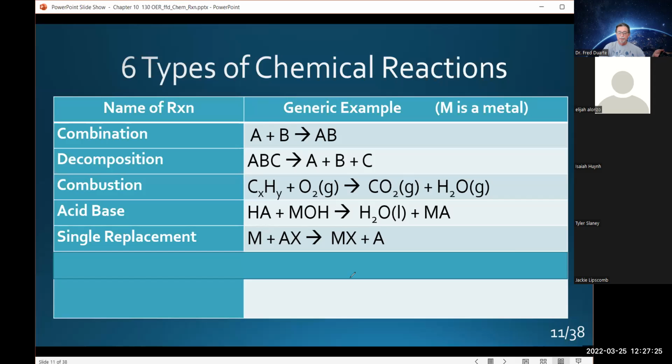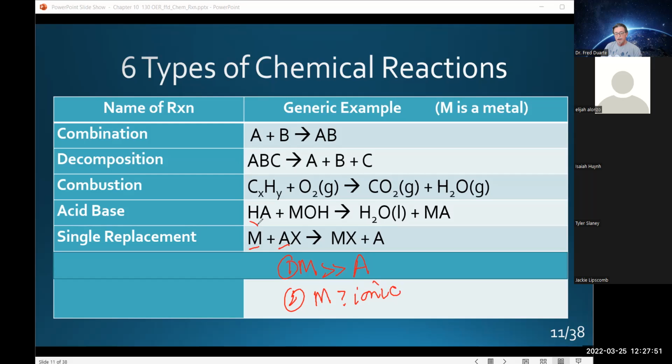So in this example here, we looked at the table, and in general terms, we found that M is a lot more reactive than A, the metals. We're just looking at the metals, okay? That's step one. Step two, is M ionic?